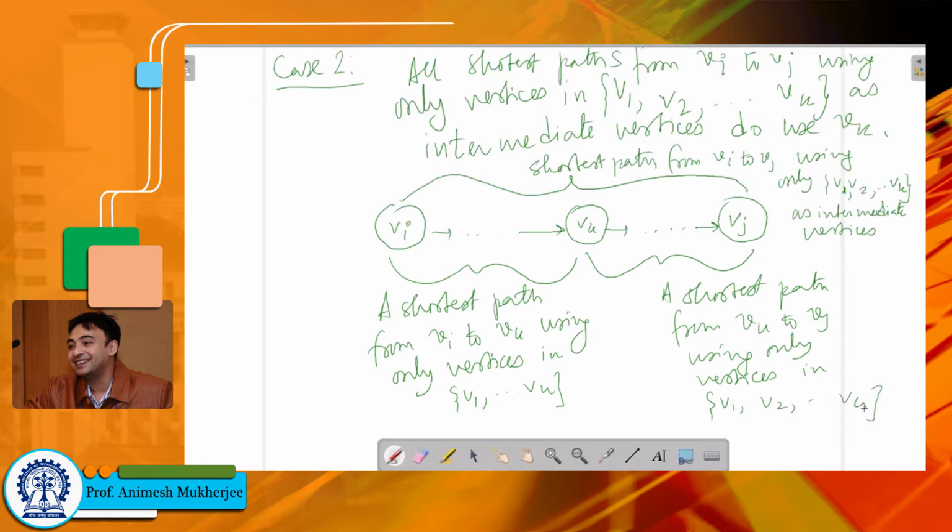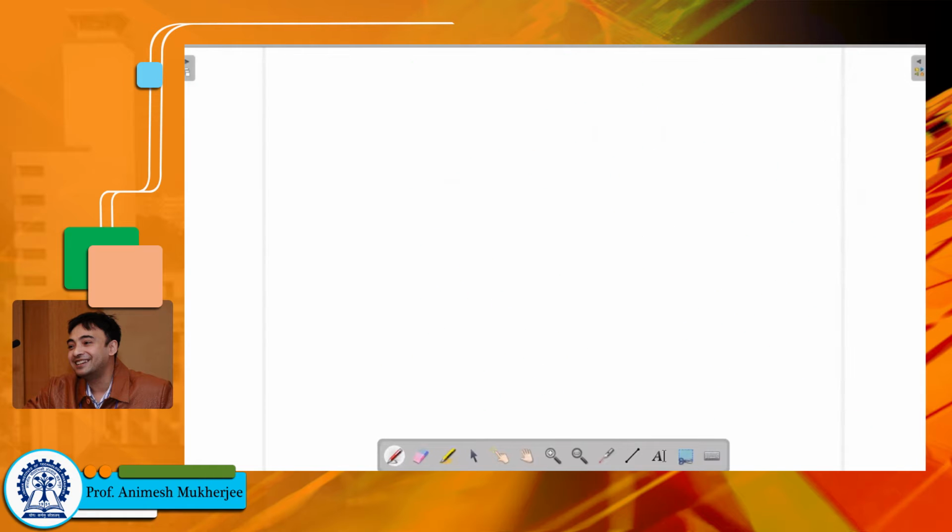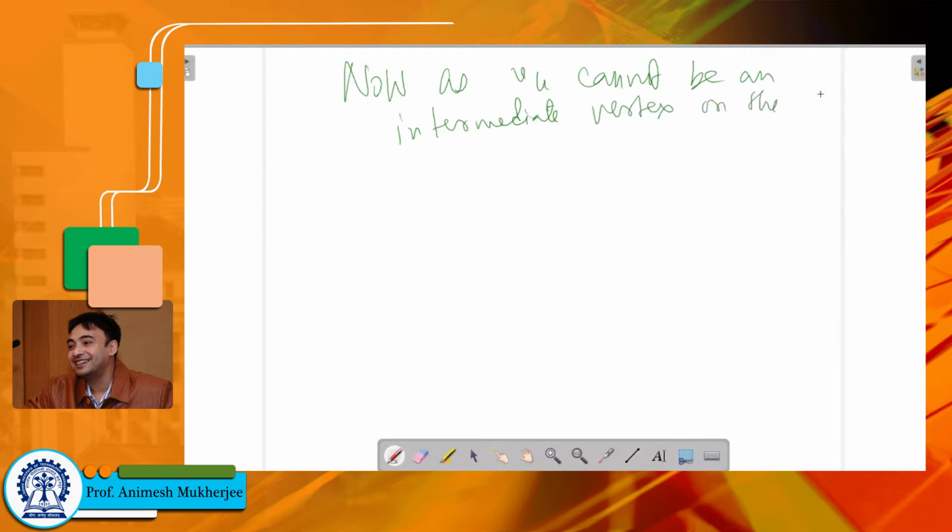Now you see this has to happen. Let's see why. Now, Vk cannot be an intermediate vertex on the subpath from Vi to Vk, okay, it cannot include Vk, right?